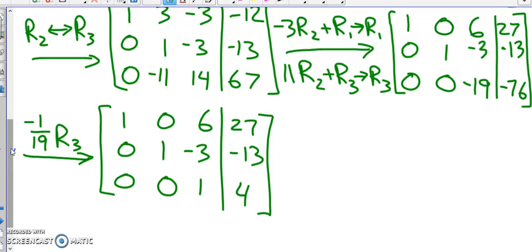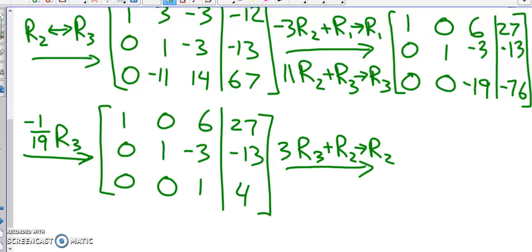And then, all you got to do is use this one to kill off the stuff above it. We've got it. You tell me. So 3 row 3 plus row 2 into row 2, because you're going to use this 1 that's in row 3 to get rid of this negative 3.